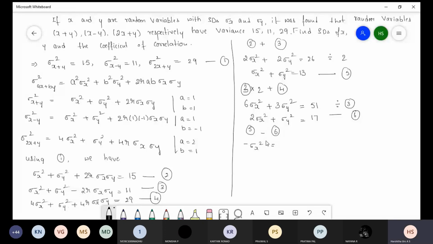Sigma y square minus sigma y square will get cancelled. 13 minus 17 is minus 4. So here we get sigma x square is equal to 4.